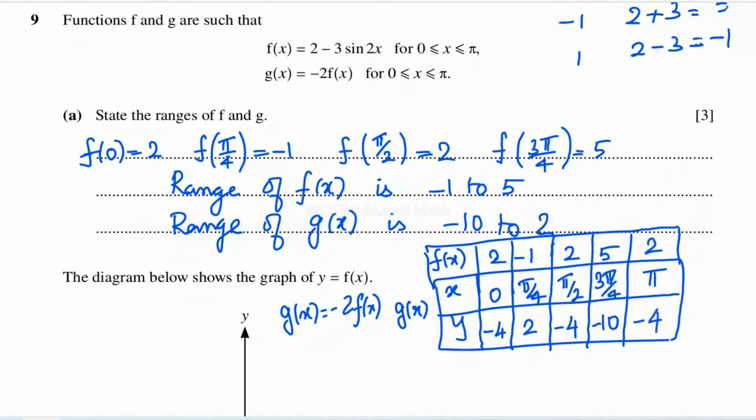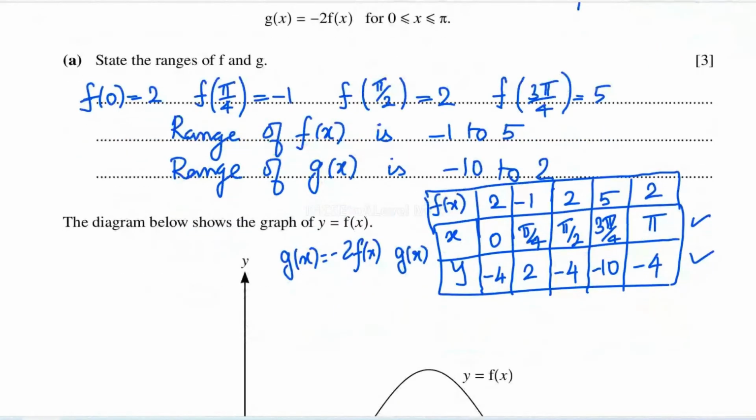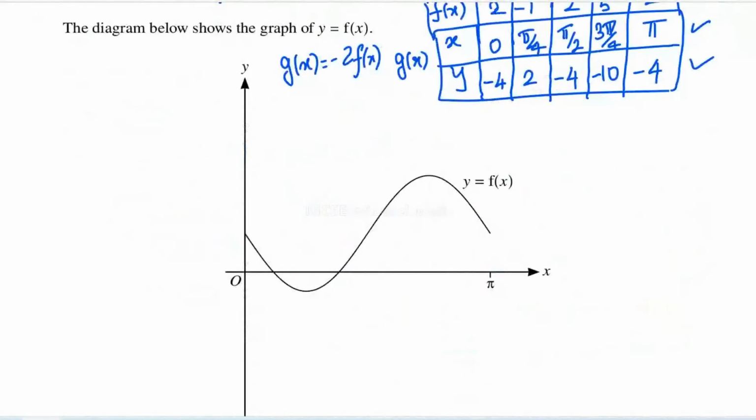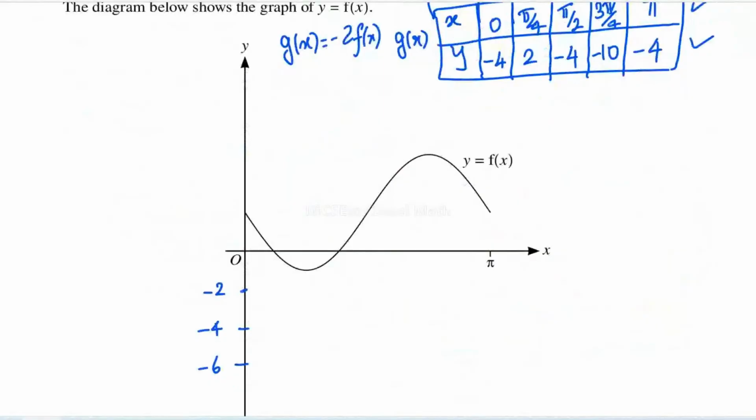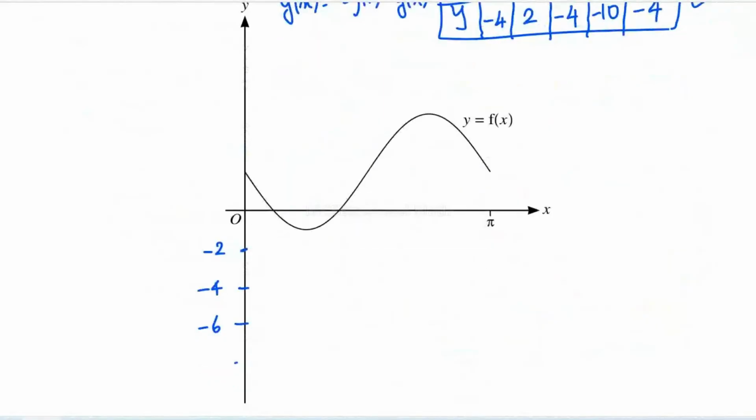Now let's draw the x and y coordinate in order to sketch the graph g of x. So 0, -4, -2, -4, -6, -8, -10.